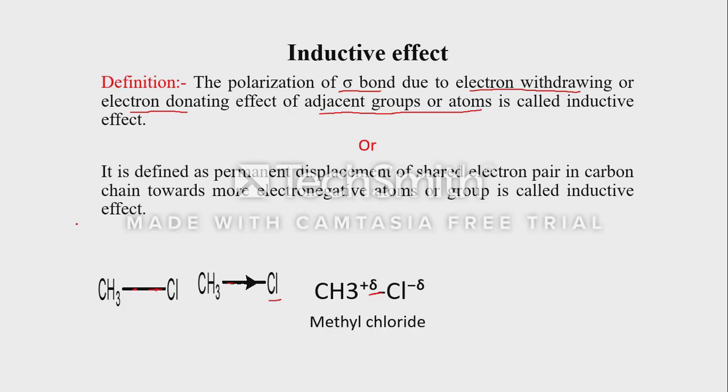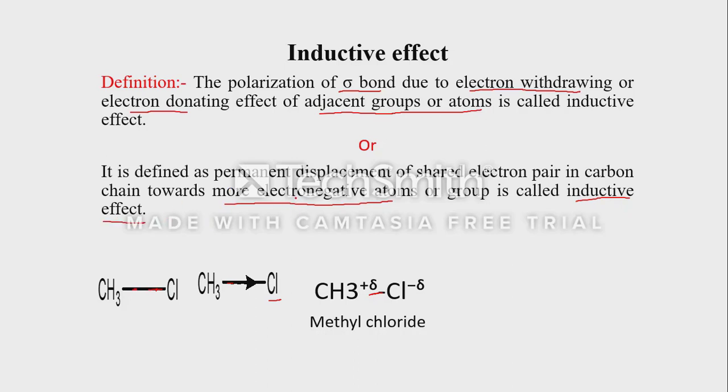In that example, the chlorine atom is more electronegative, which means the shared electron pair is displaced towards the chlorine, because chlorine is a more electronegative atom, and this is called the inductive effect.